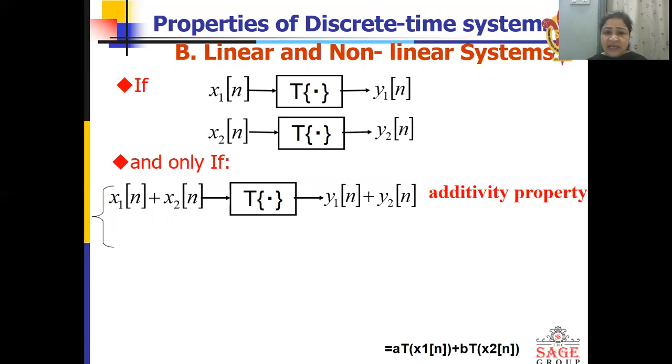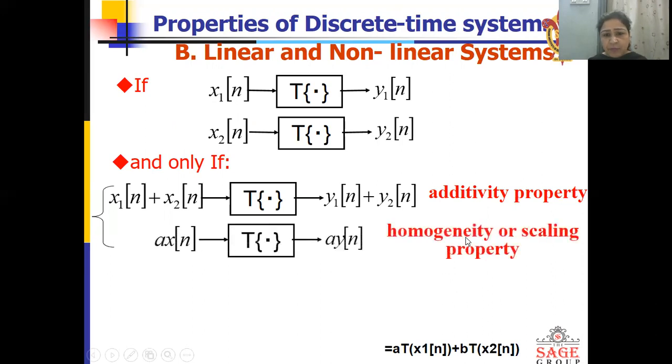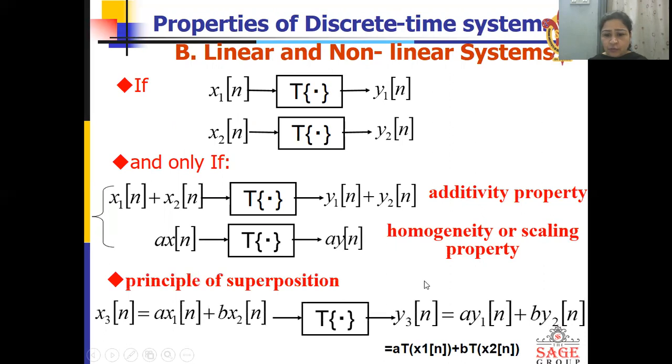Now next is linear and non-linear system. Linear system is the system which obeys or which follows superposition principle. That means it should obey additivity property and homogeneity or scaling property.